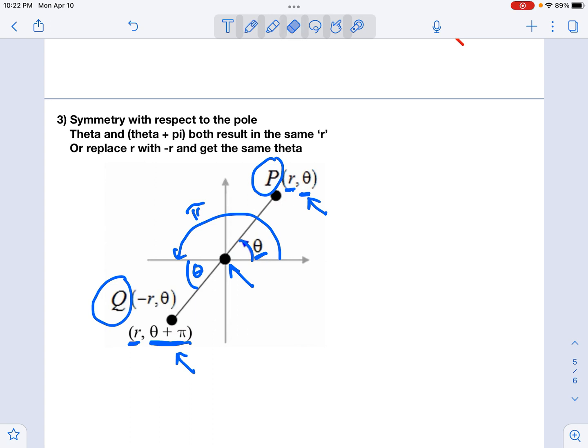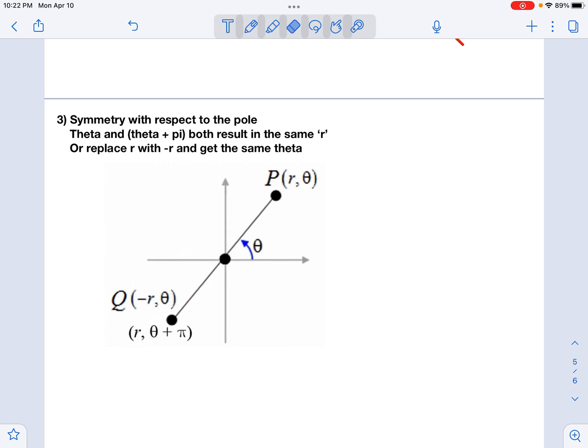Another test you can do, so I'm going to erase this, and you can see that this condition is interchangeable with that.